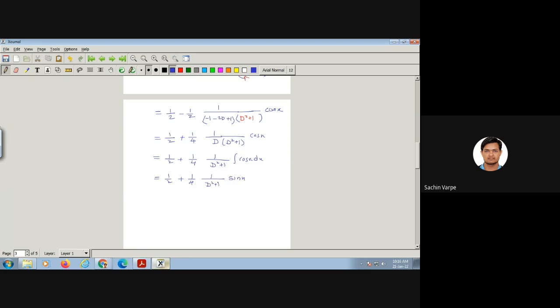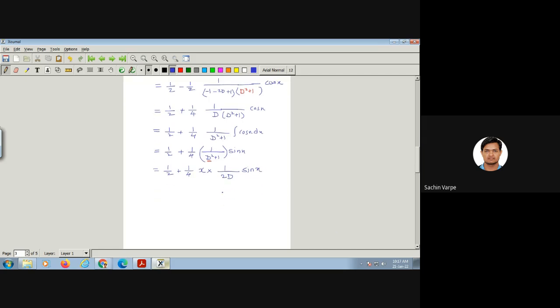And now we proceed with this 1 upon phi of d sin x. So as we know, when we replace d square by minus a square minus 1, that will be a case of failure. So what we are doing exactly in case of failure? We are differentiating the denominator and we are multiplying the whole operator by independent variable x into 1 upon phi dash. तो क्या है इसका डेरिवेटिव? 2d ना, sin x. Yes or no?